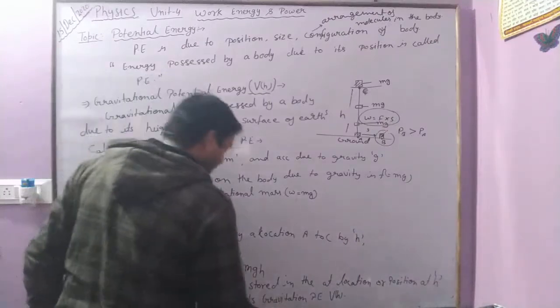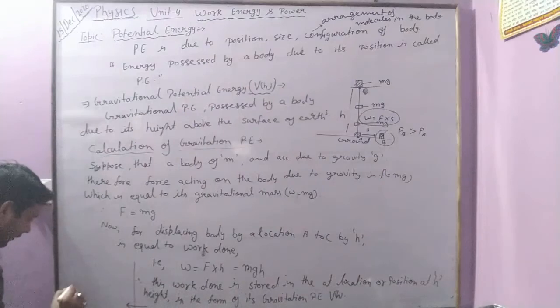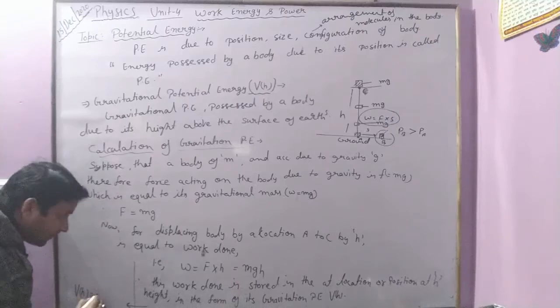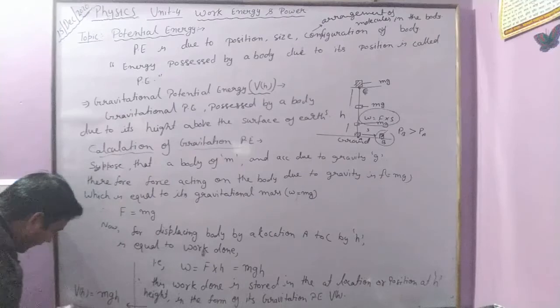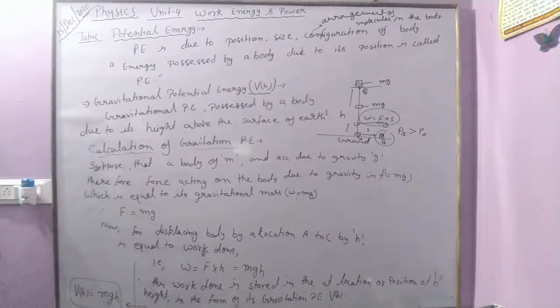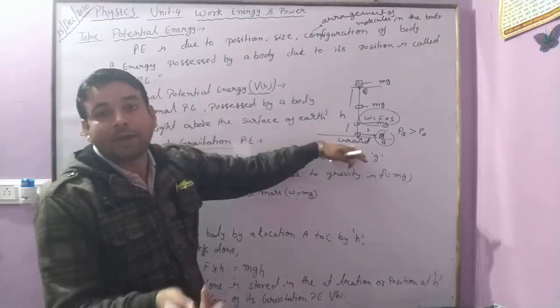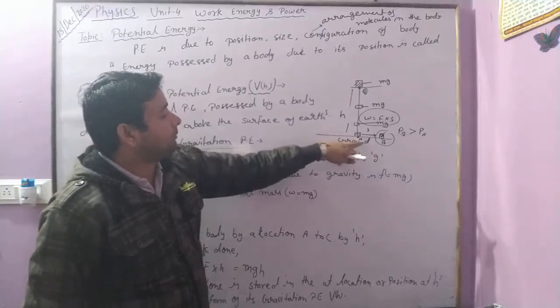Therefore gravitational potential energy Vh is equal to mgh.